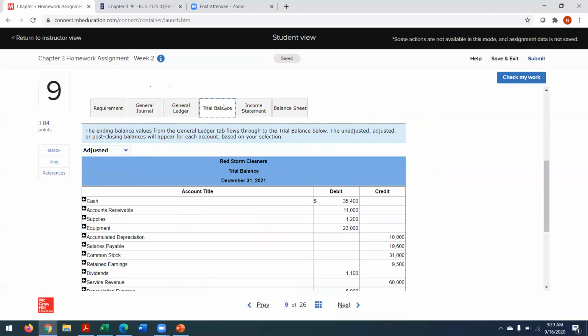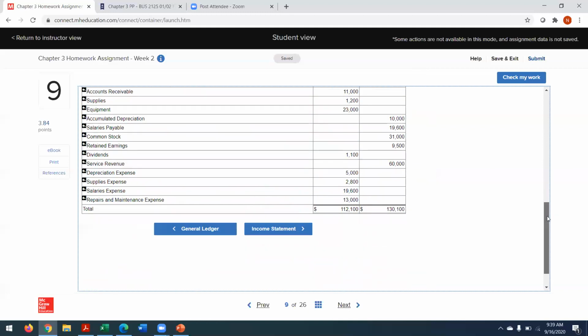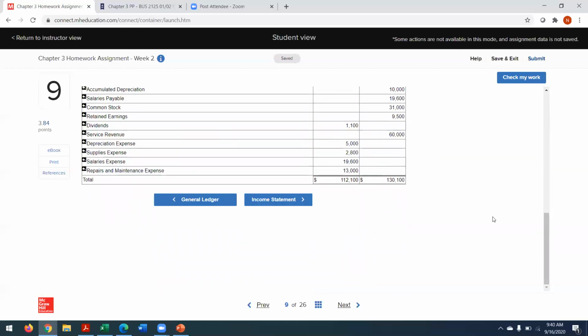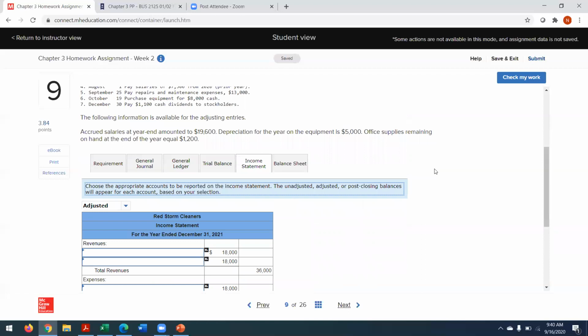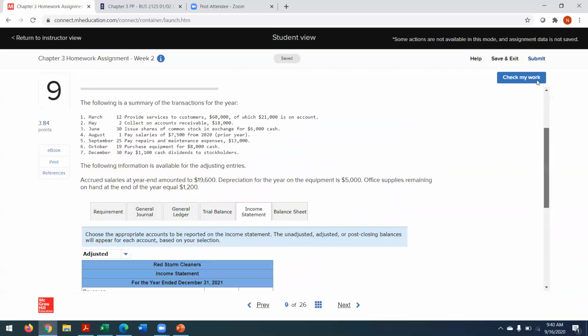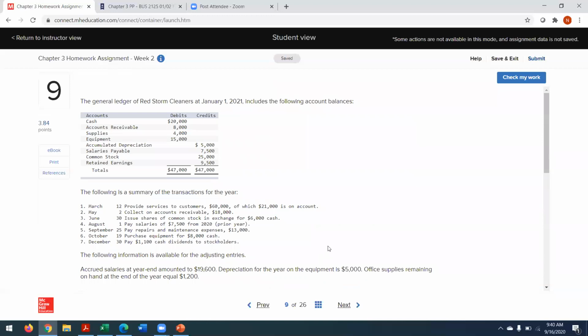So our trial balance should be here. What's wrong? Yours isn't complete. You still have a couple more things to enter. There should be 12 and 13 for the general journal.